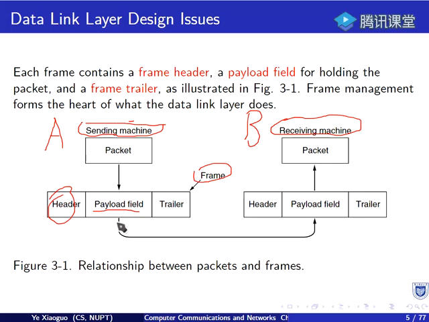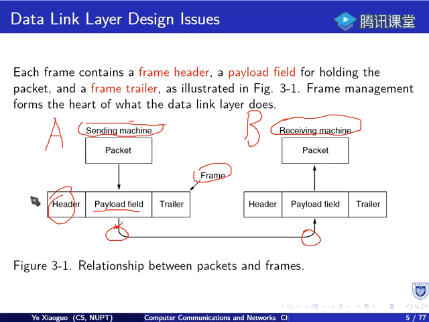Then it is delivered to the physical layer and transmitted on the physical channel. Then at the other end, the physical layer, the data link layer, the network layer, and so on.